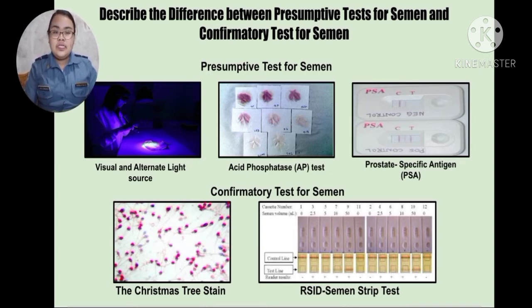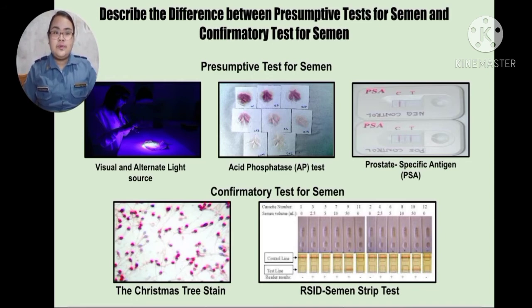Sa presence daw po ng mga certain stain, yung acid phosphatase daw po natin na tinatawag ay nagpo-produce ng dark purple color in less than a minute daw po. Makikita po natin dyan sa picture sa gitna yung dark purple na kulay kasi po nagkaroon na ng chemical reaction.